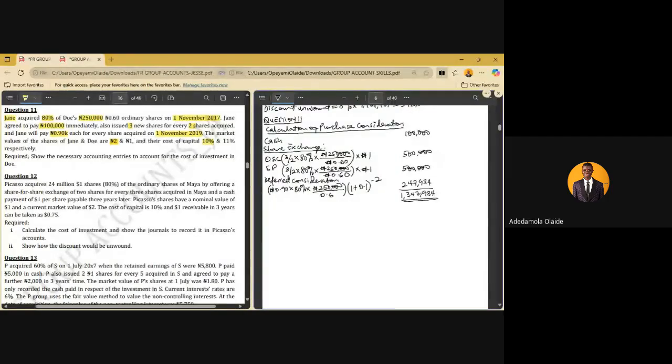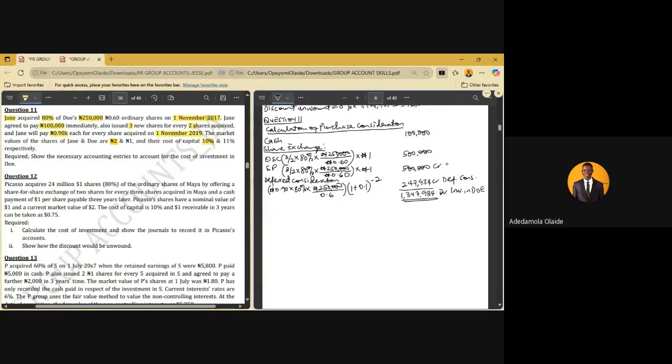So what will be the total purchase consideration? That should be 1,347,934. So what will be the double entry? The double entry will be debit this to investment in Jane. Credit this to deferred consideration.